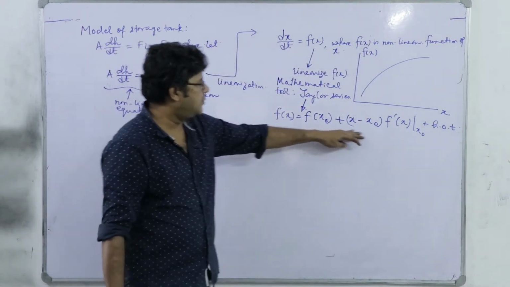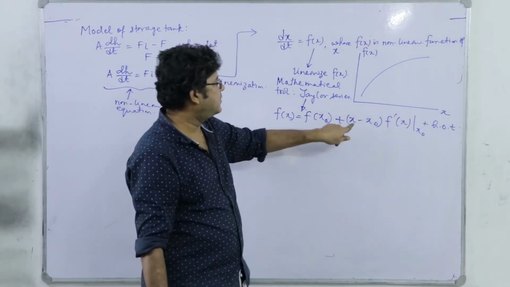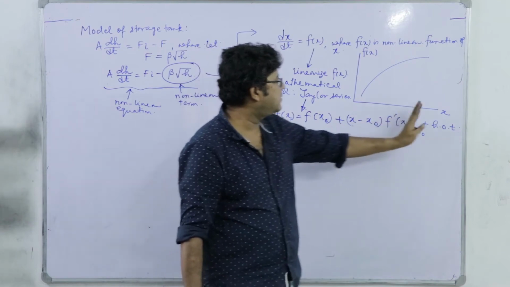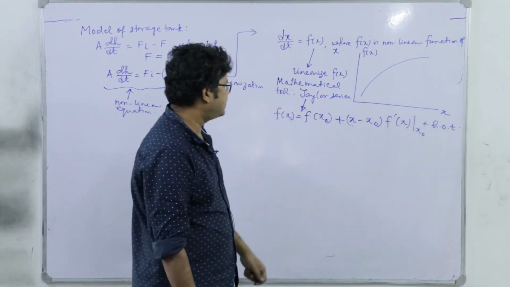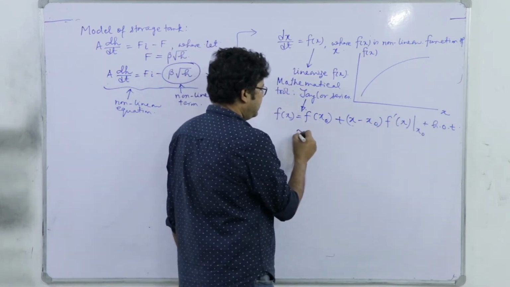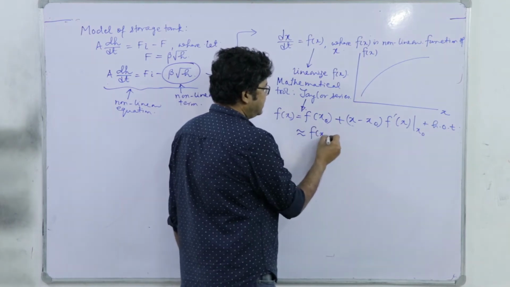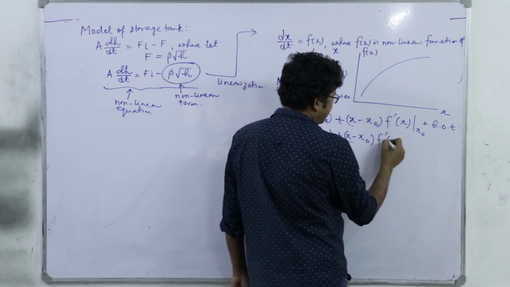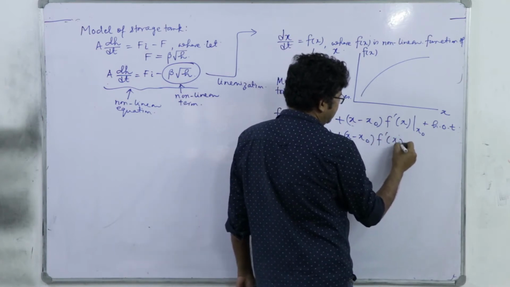In this form, if I neglect the higher order terms, considering this x minus x0 is pretty small, we can truncate that series after the first derivative term and approximate it as f(x0) plus (x minus x0) into f prime(x) at x0.